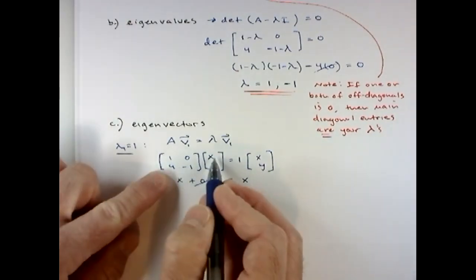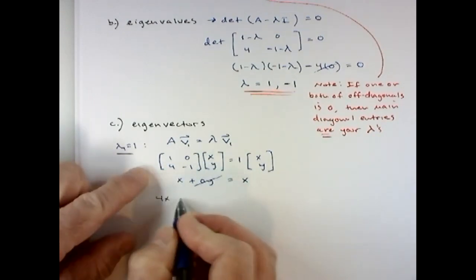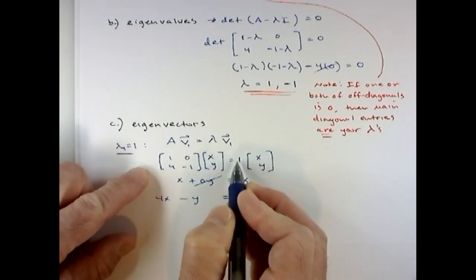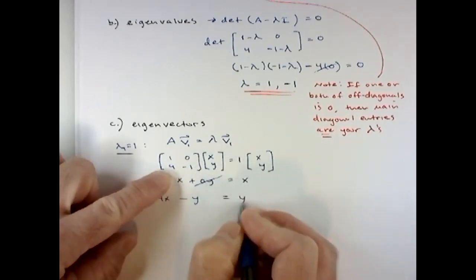If that's the case, then you do have a second equation: 4x minus y, because I did the bottom row, should equal y.